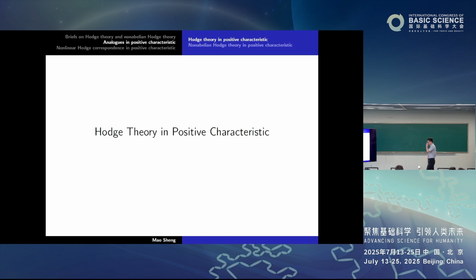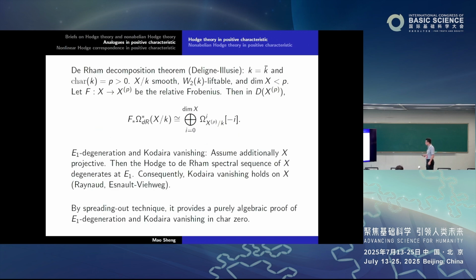So let's move to the positive characteristic work. The first fundamental theorem is the Hodge theory in positive characteristic, the decomposition theorem by Deligne-Illusie. It states the following.